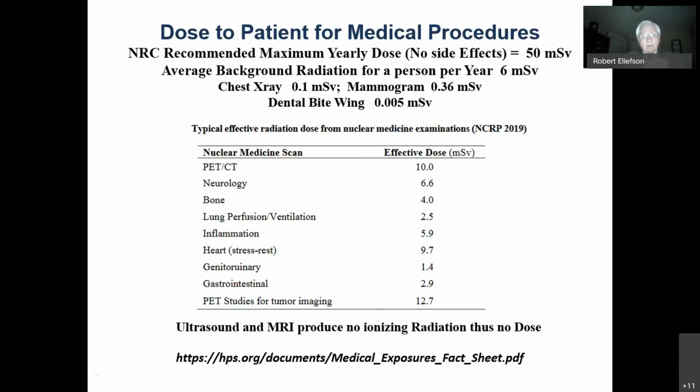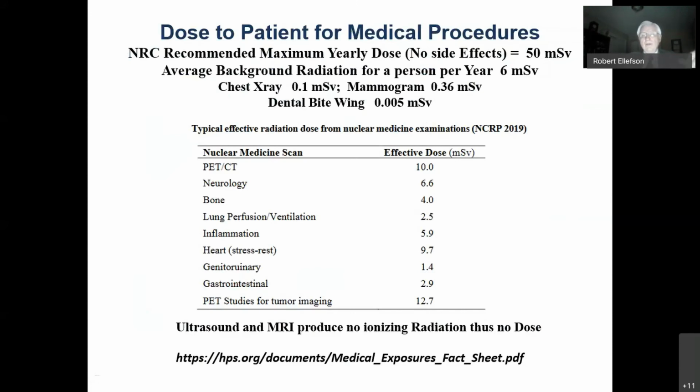But the elective amounts of radiation that we receive are here, like a chest x-ray is not very much, nor is a mammogram, certainly not a dental x-ray. But if you look down at this list below, a PET scan or a heart stress test or other ones have like 10 millisieverts.